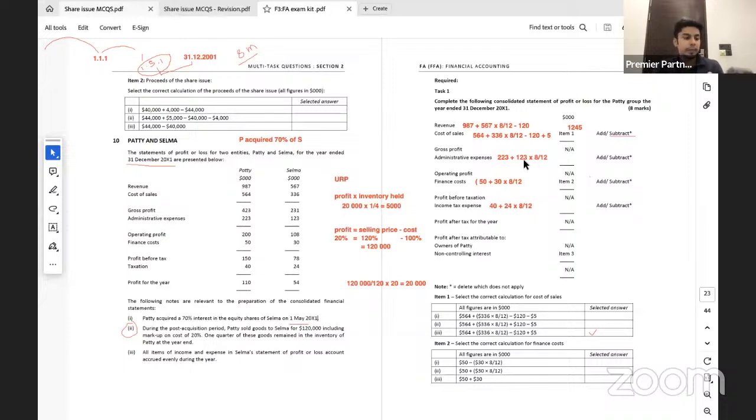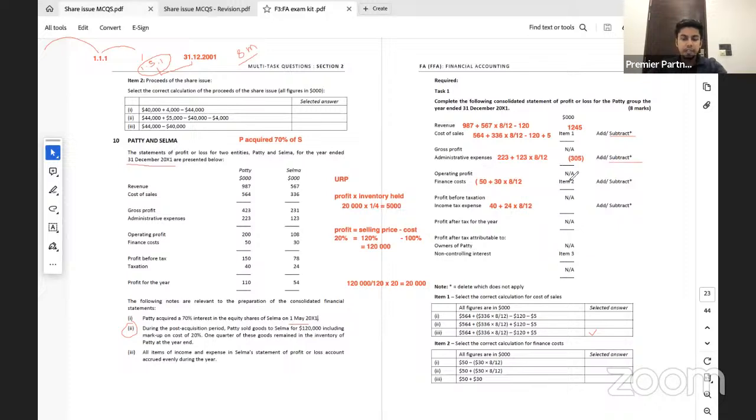Right. Next one, guys. Administration expenses. Let's calculate that one. 223 plus 123 into 8 divided by 12. So the answer is 305. So the answer is subtract. Why? Because it's expense.